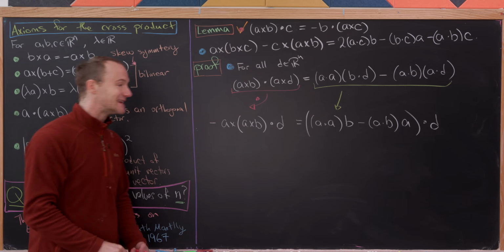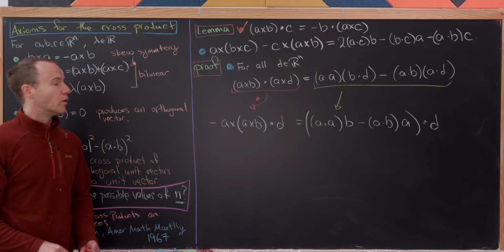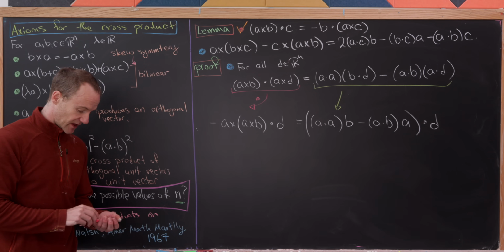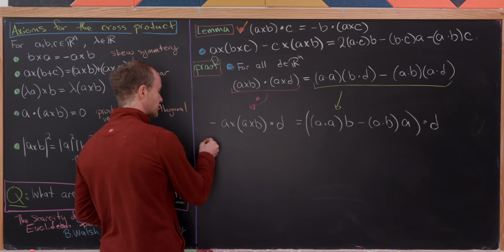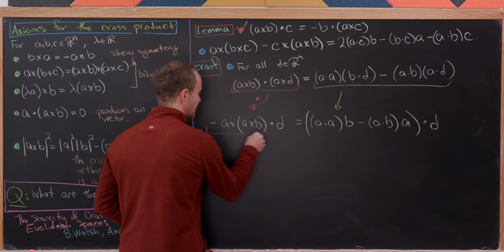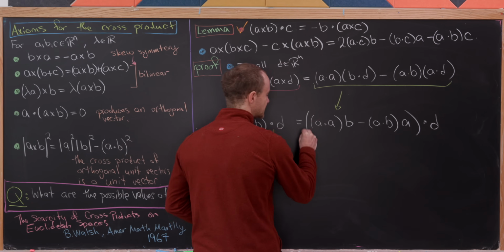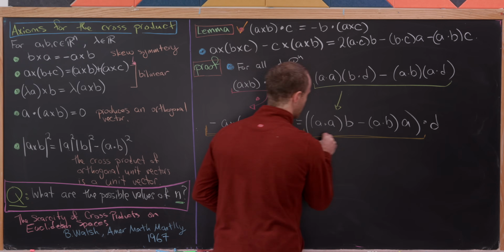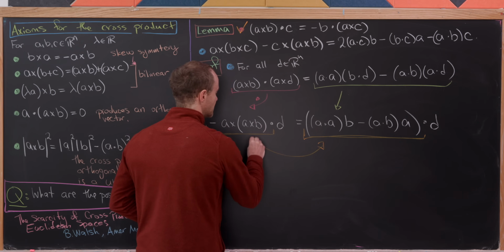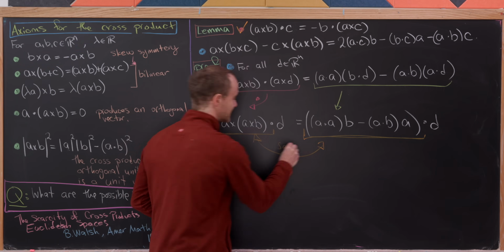But then since D is arbitrary, what that really leaves us with is this vector right here, this minus A cross B, is equal to this vector right here, which I'm underlining in orange. So let's just put these are the same.